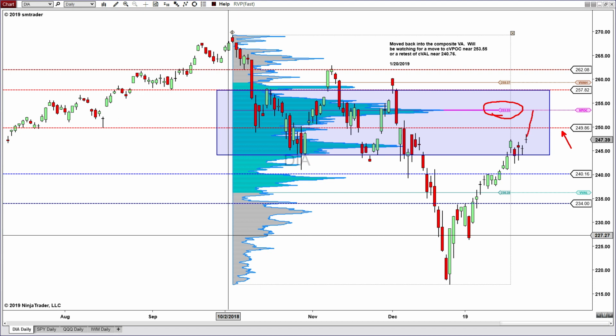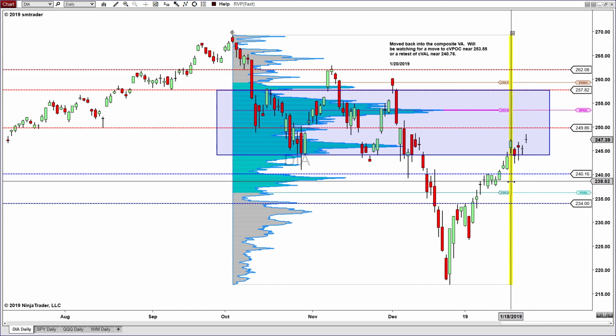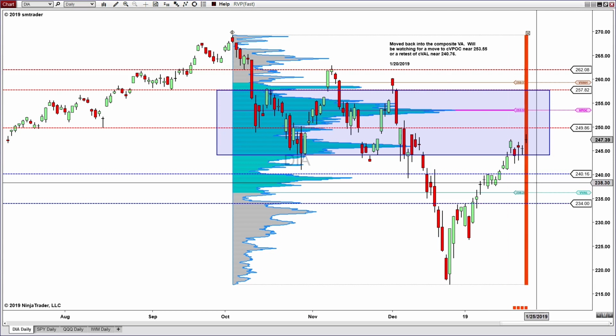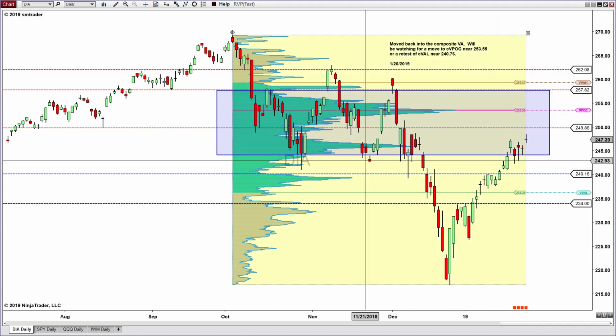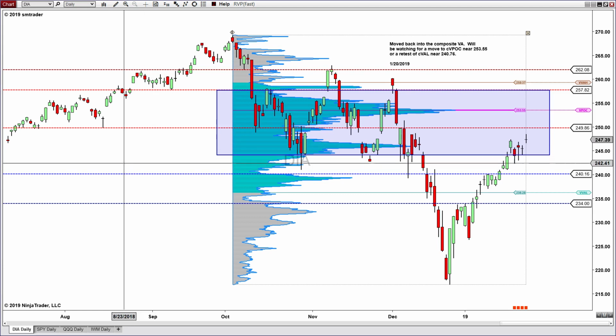If we can break through this, then we'll probably look for the VPOC. If I also update the composite volume profile here, just by moving this over to cover last week's prices, you can see that it didn't change too much on the point of control. So basically still looking at pretty much the same thing there.